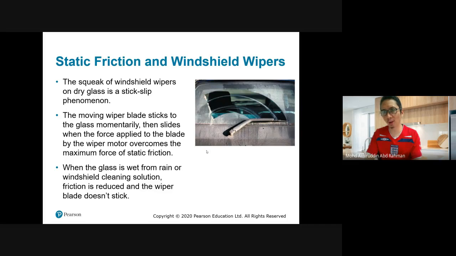But when there is water, the sound is no longer there because there is less static friction.